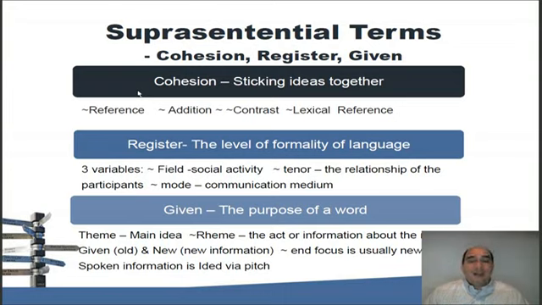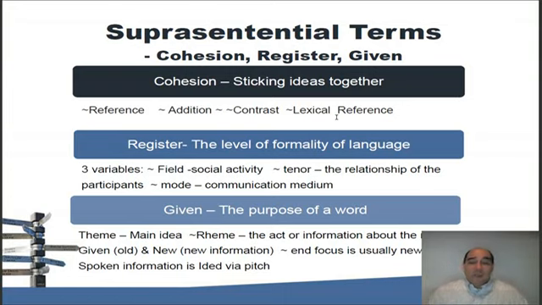When, next, things of time, or contrast or logical conclusions or lexical reference if we're talking about something that happened before. We'll talk more about cohesion later on in the discussion, but you should know that there are cohesive devices that don't really fit in the sentence. They connect sentences and ideas together, and that's at the higher level.